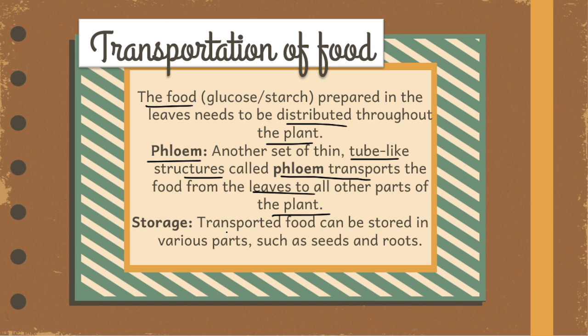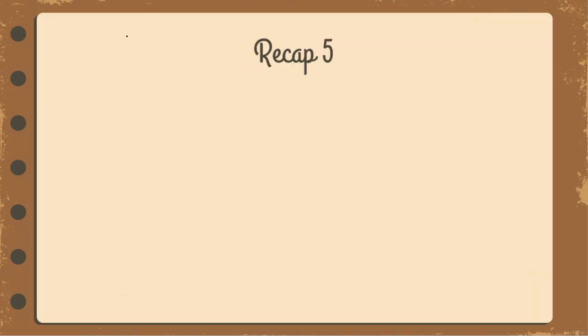Phloem transports the food from the leaves toward the plant, and this is also a tube-like structure. Plants store food in the form of starch, which is present in seeds and roots of the plant. Again, what we have learned is activity 10.7, in which there is an experiment showing xylem tissue.